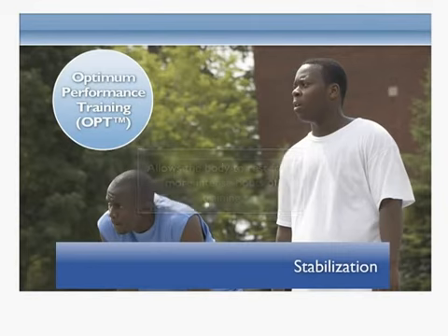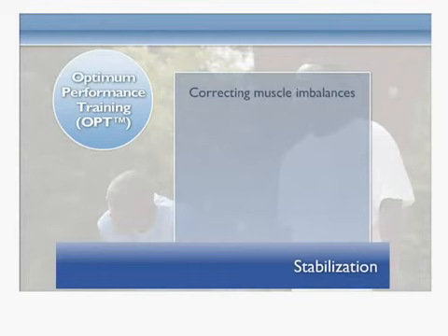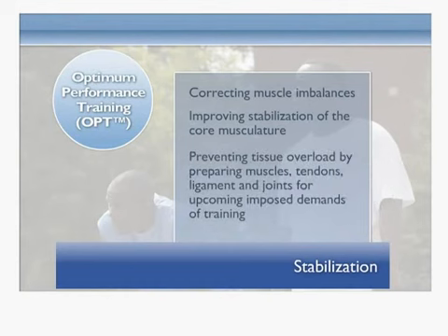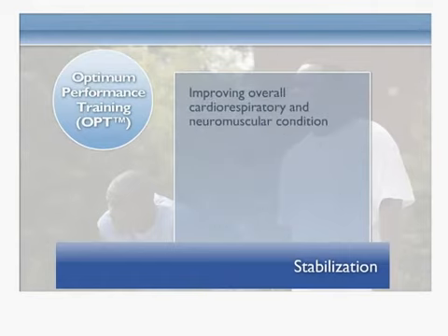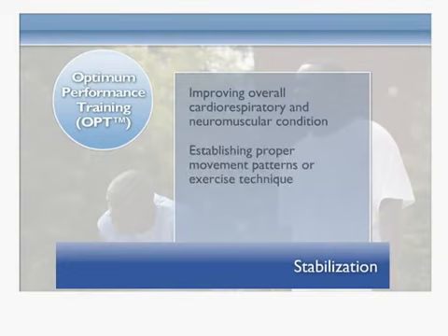The focus of stabilization training includes correcting muscle imbalances, improving stabilization of the core musculature, preventing tissue overload by preparing muscles, tendons, ligaments, and joints for the upcoming imposed demands of training, improving overall cardiorespiratory and neuromuscular condition, and establishing proper movement patterns or exercise technique.